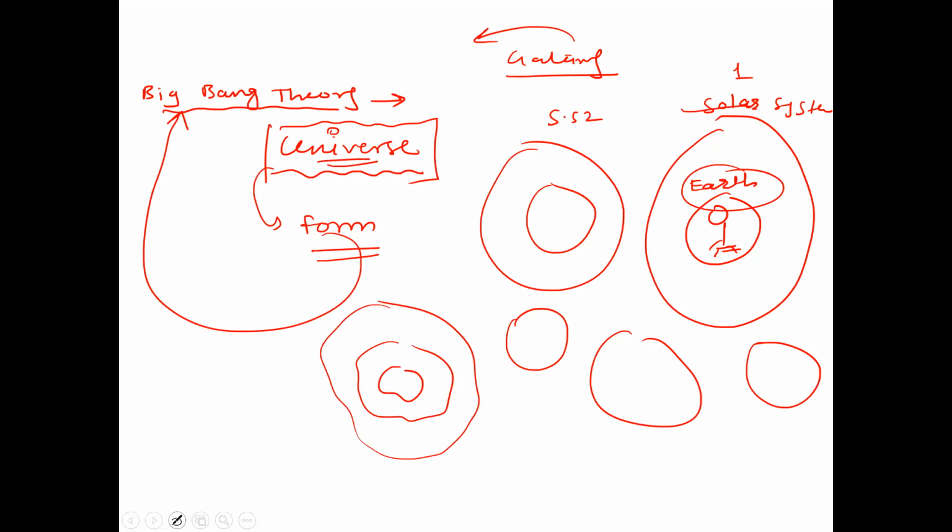So we need to know this much about the Big Bang theory, at least at this point, because what we have to study is evolution of the earth or evolution of the organisms on the earth. So let's begin.